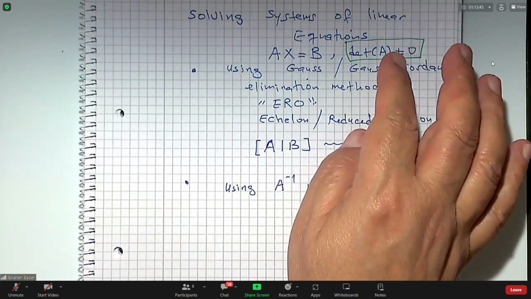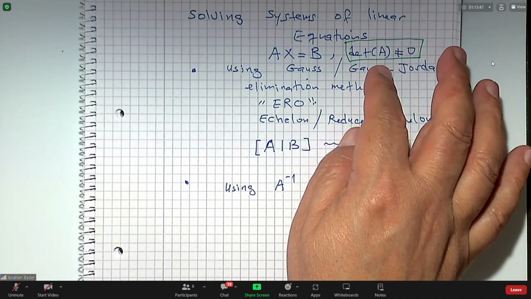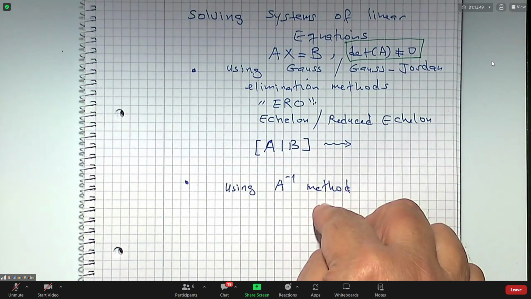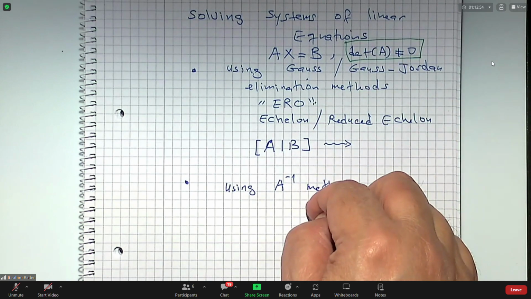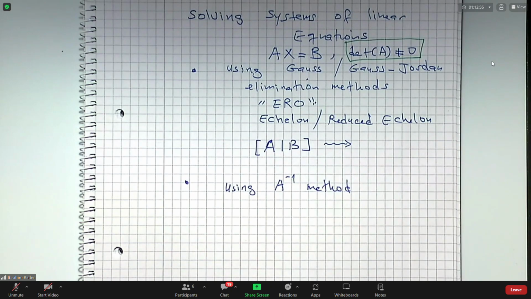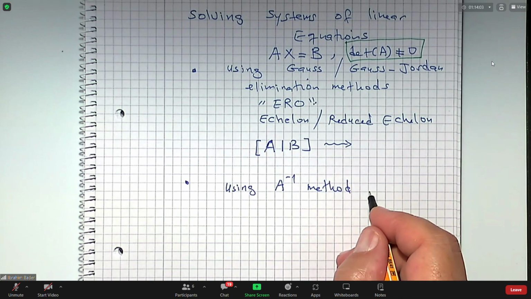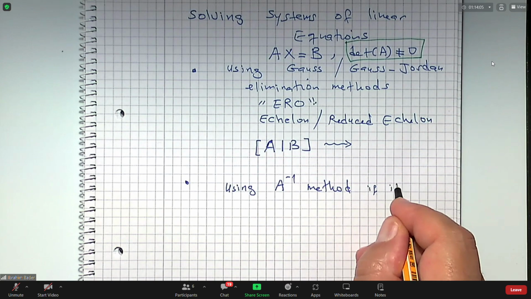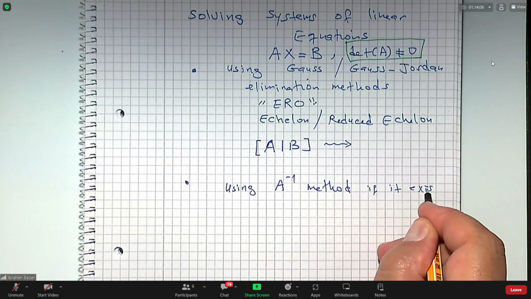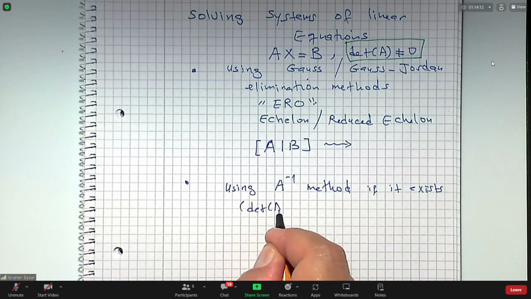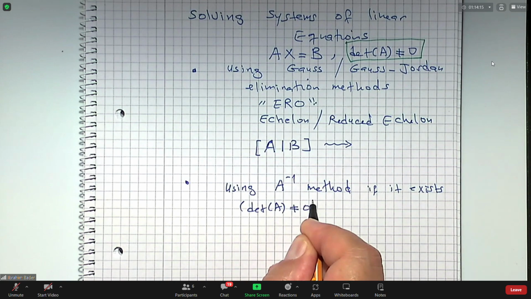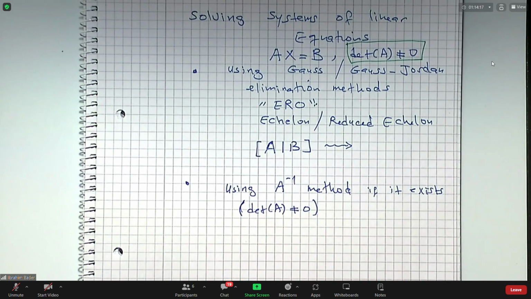Okay, this also has to do with the existence of the inverse of a matrix. So if the determinant is non-zero and the matrix is a square matrix, then it means the inverse exists, and this is equivalent to determinant of A not being equal to zero.